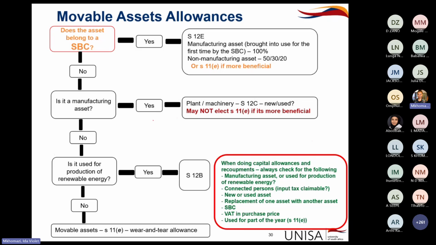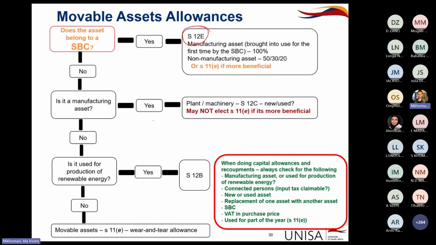So whenever you are dealing with movable asset allowances, you first have to consider if that asset belongs to an SPC, right? If it does belong to an SPC, then you know that Section 12 Cap E is applicable. And remember I said that in topic 3, we are going to be clear in the question on whether you are dealing with an SPC or not, right?